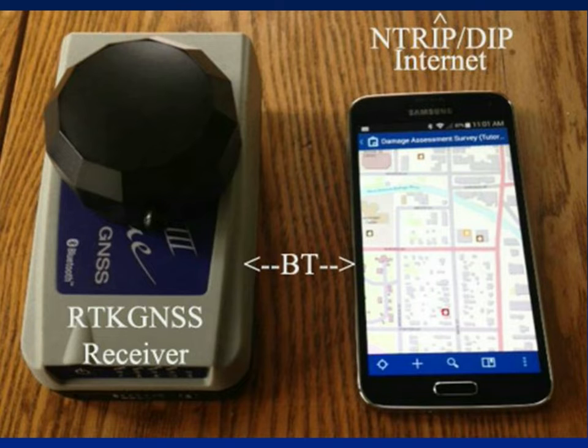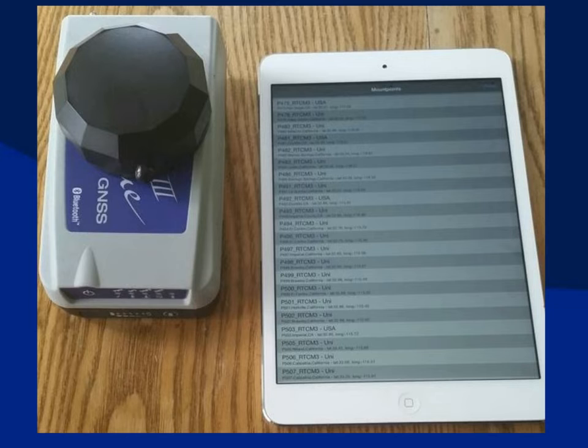And I also took a picture on this next slide of an iPad, and it's running an NTRIP utility. I know you can't read it, but what you see there is a list of base stations. This is from when I was at the Esri conference 3 weeks ago down in San Diego.